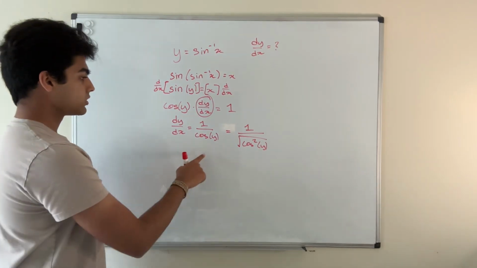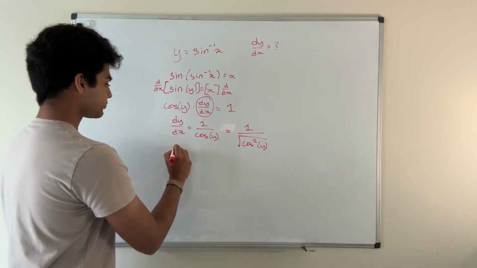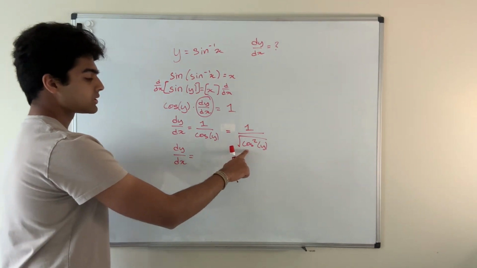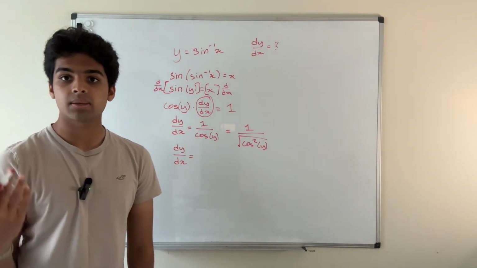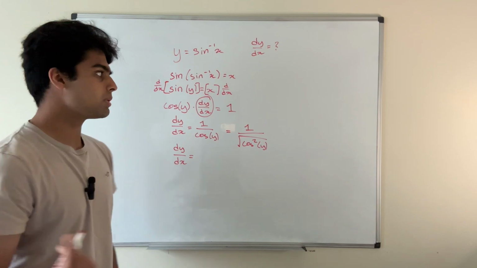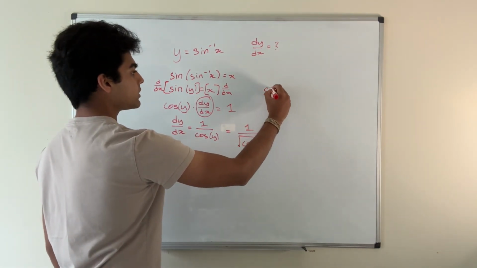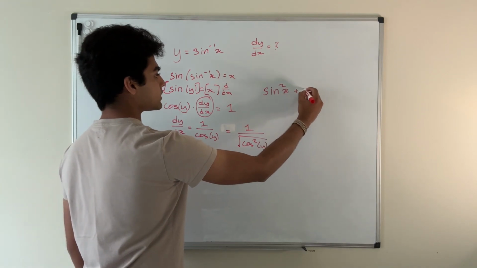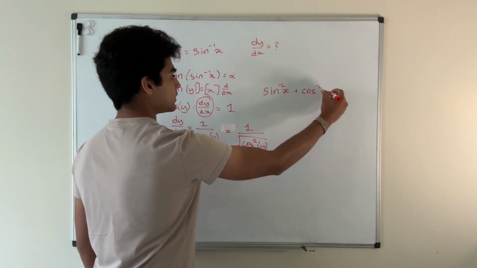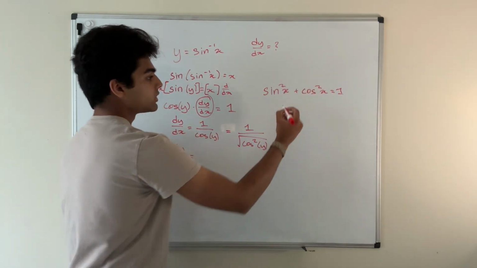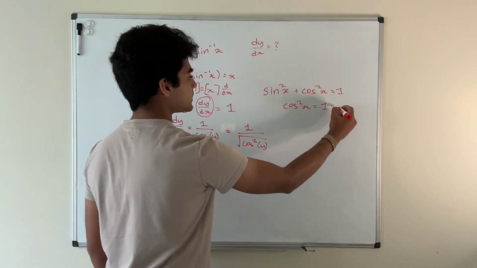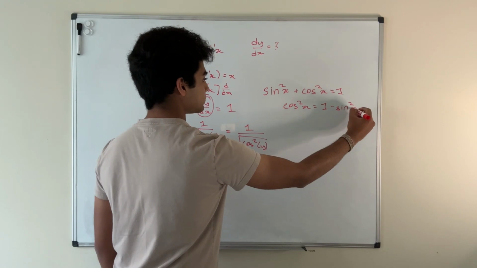Ready? So now we can use our Pythagorean identity to tell us that cosine squared y is the same thing as 1 minus sine squared y. Remember, because we have the Pythagorean identity of sine squared x plus cosine squared x equals 1, right? So cosine squared x would just be 1 minus sine squared x.